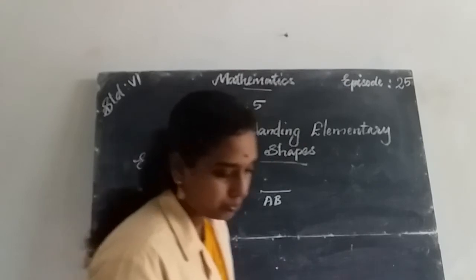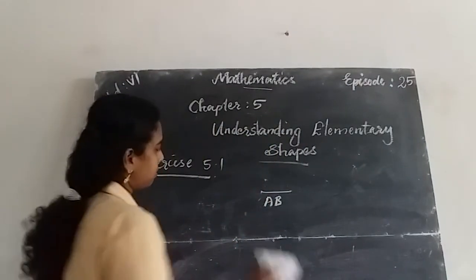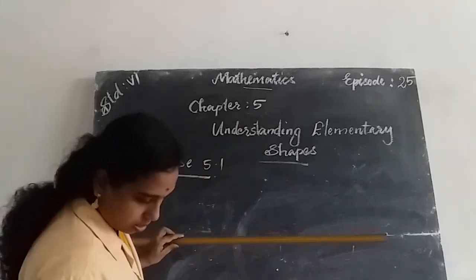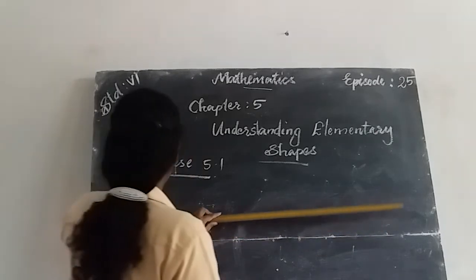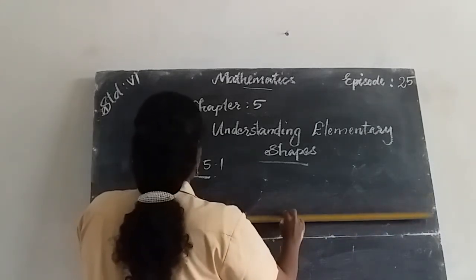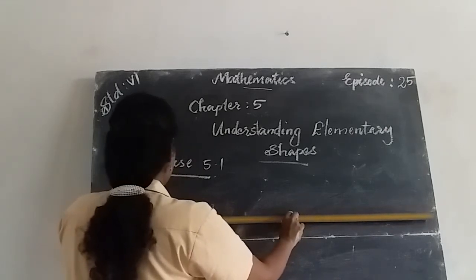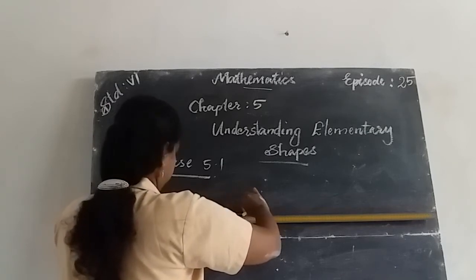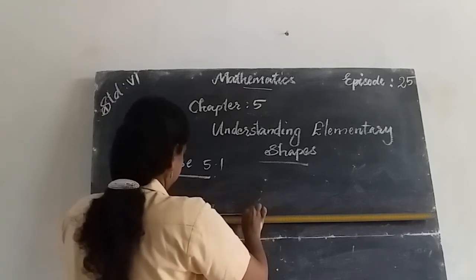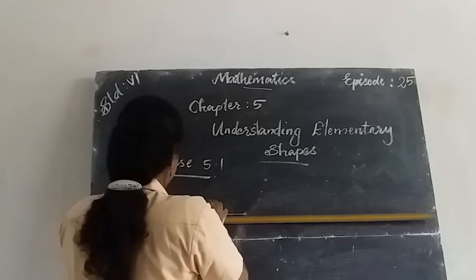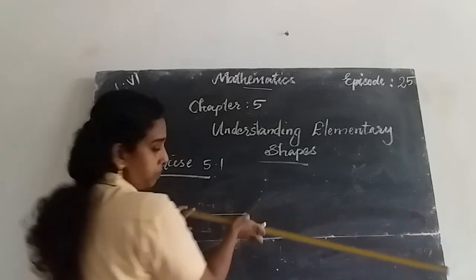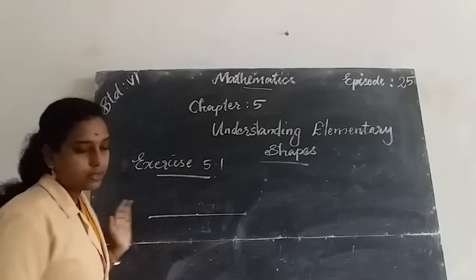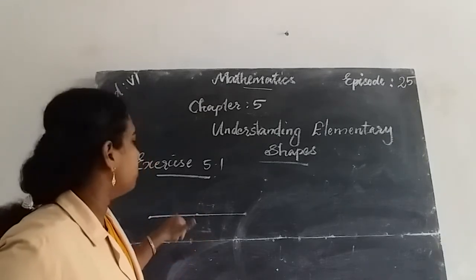Here I draw a line segment AB. You also use a ruler to draw a line segment.